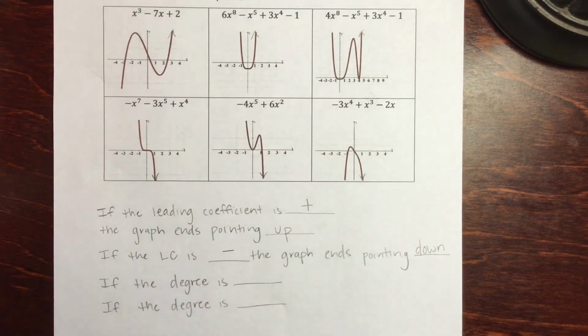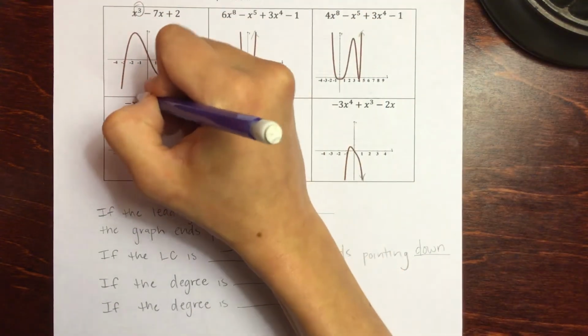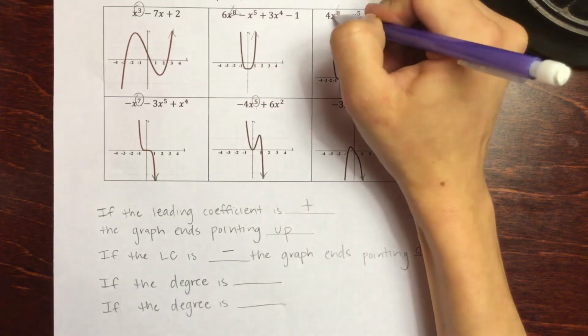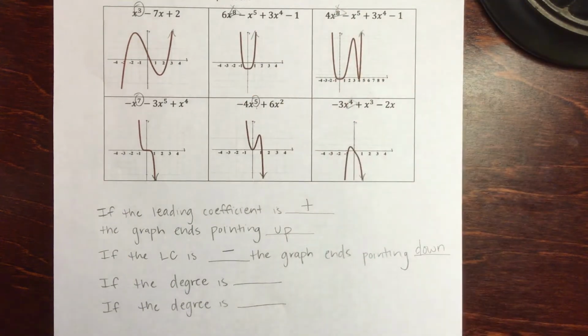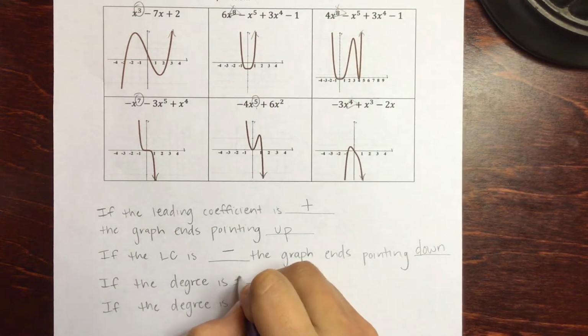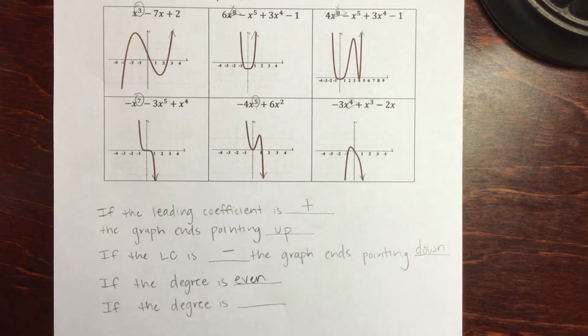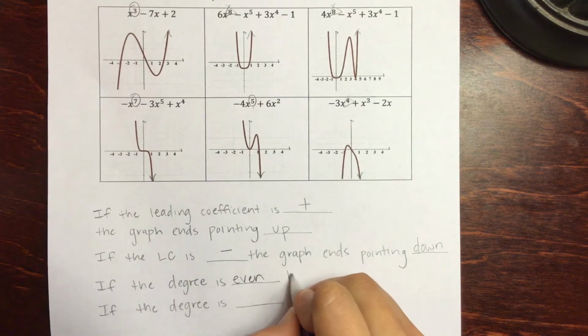Okay, well now, how can I tell the difference between this degree versus this degree? If your degree is even, as in these three graphs, then both ends of your graph point in the same direction.